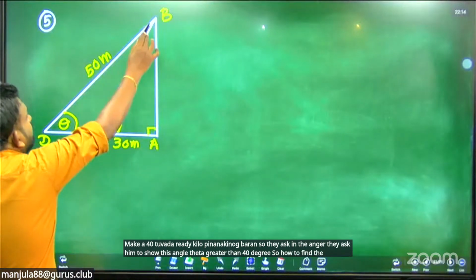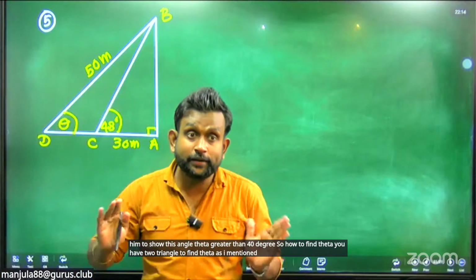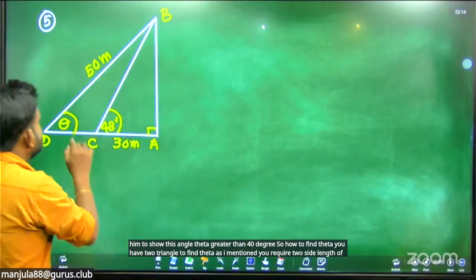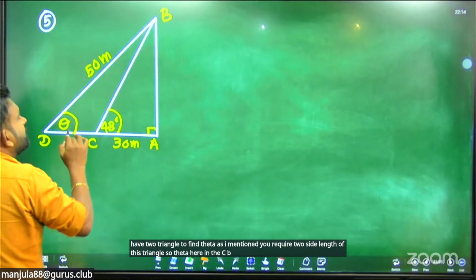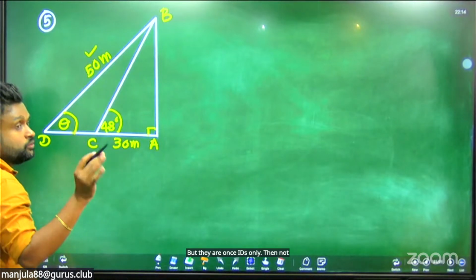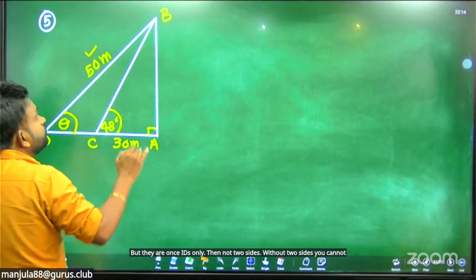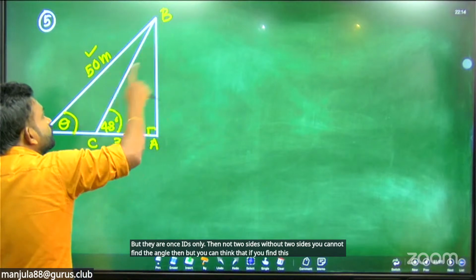You have two triangles. To find theta, you require two side lengths of the triangle. In the triangle ABD there is only one side known, so without two sides you cannot find the angle. But if you find this side length, then you can find theta.